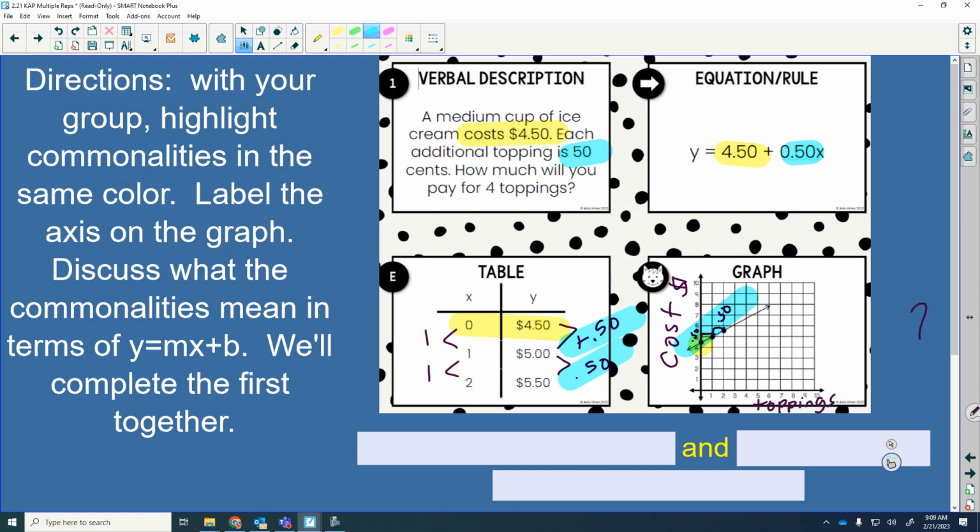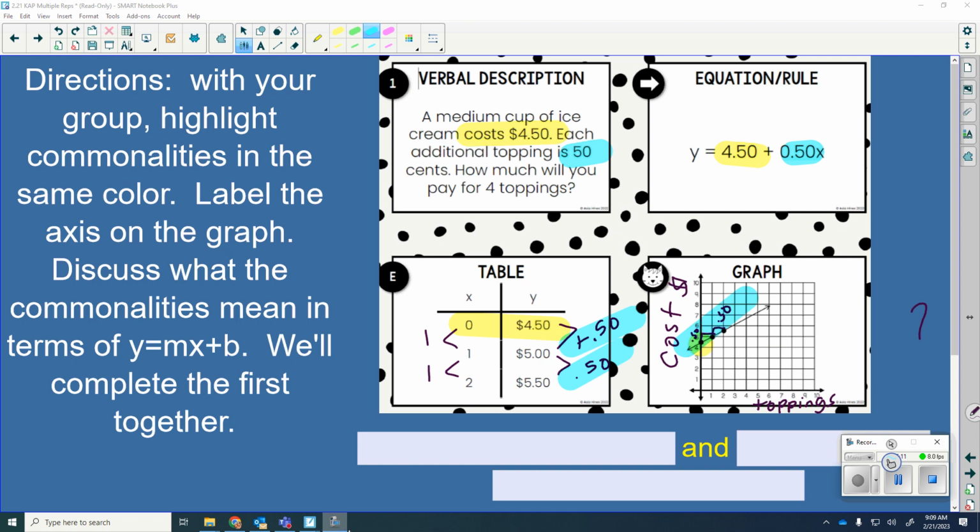On every single one of these, what does the yellow stand for? The y-intercept. Or give me another word for that. It is the y-intercept, but it's also the... I thought you were going to say it. No. Oh yeah, base fee. It's like the starting point, right? Because first we had to just get that ice cream for $4.50. So it's our starting point or our y-intercept.